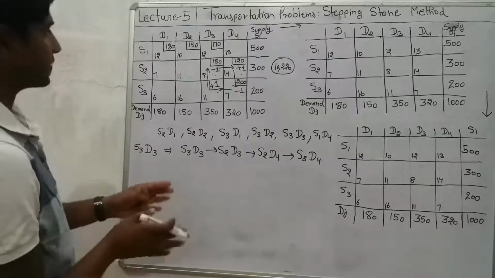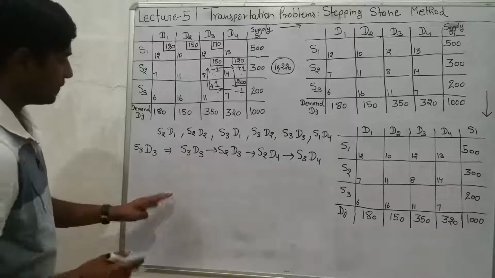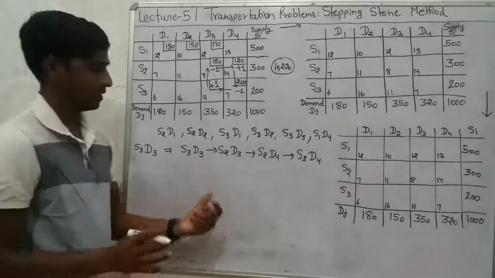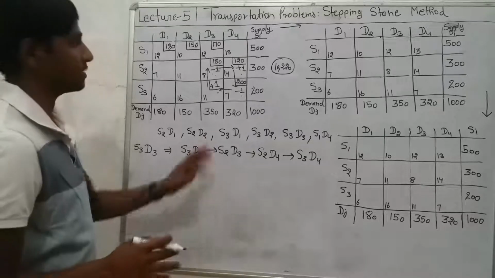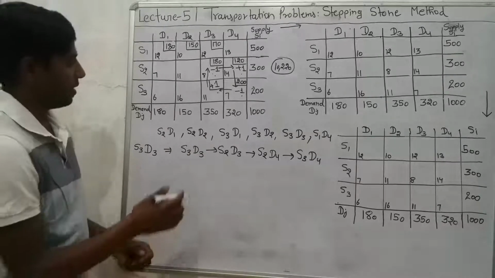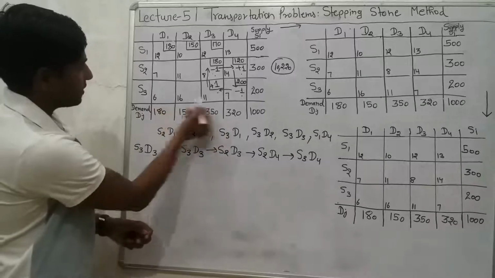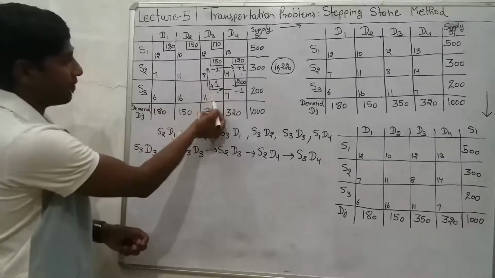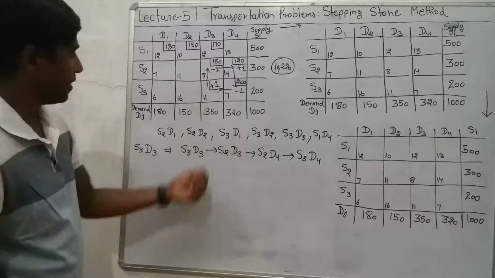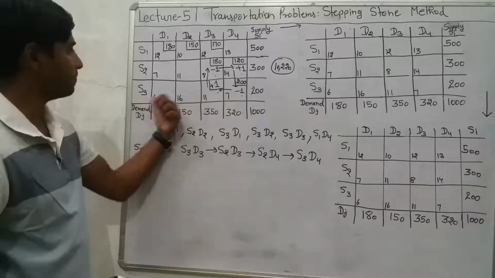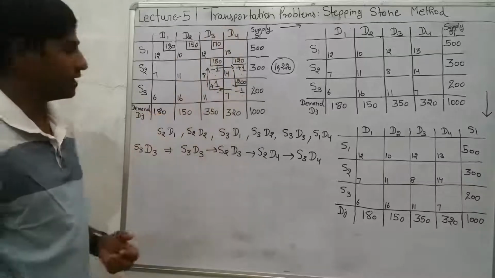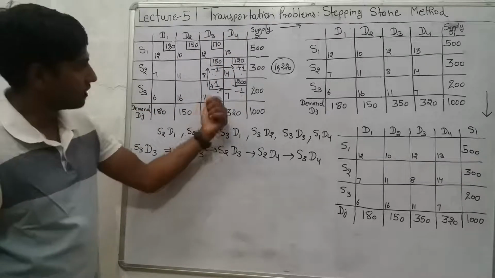Next, simply apply your common sense and your basic knowledge about transportation problems. Earlier we were not using this route S3 D3, but now we are using it. If we transfer one unit from this route to destination 3, what would be the cost per unit?